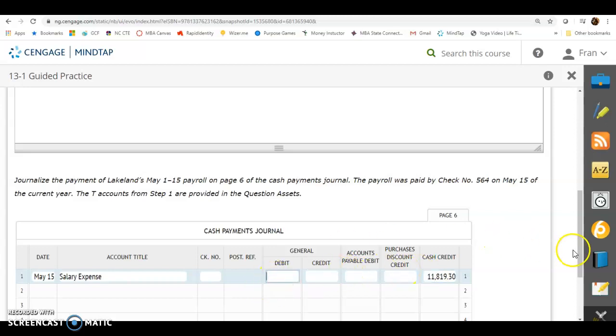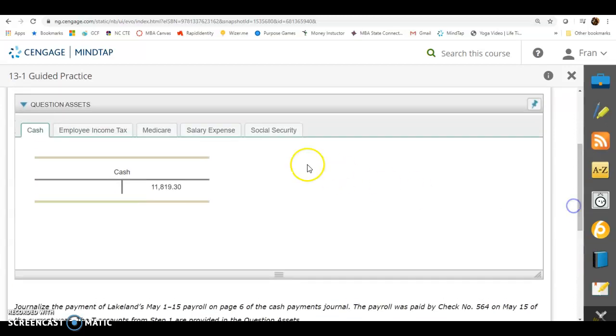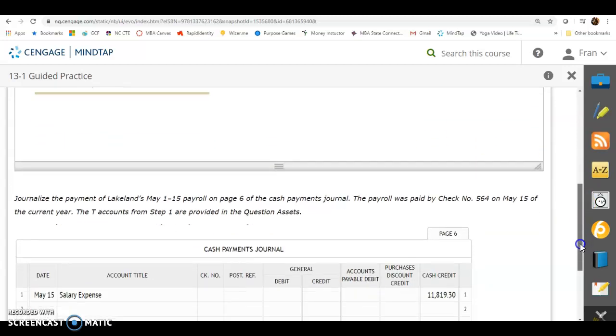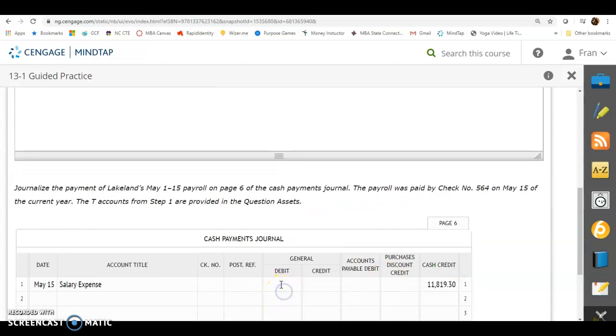But the reality is our salary expense, if we look up in here, was $13,800 because we had all those taxes and stuff. So $13,800 goes here. Of course, those don't equal, and the reason they don't equal is because we have to put, oh, I forgot the check number in here. It's 564. Tells us right here.